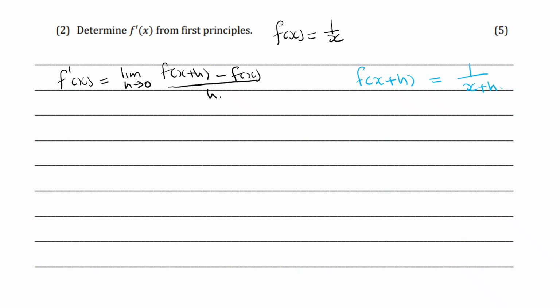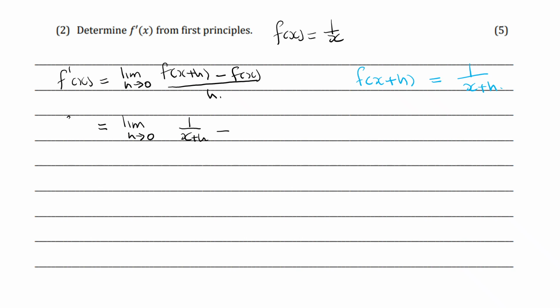Right. So now we can just substitute everything into that equation. Let's see what we get if we do the substitution. So the limit as h approaches 0. Now I know that my f of x plus h is 1 all over x plus h.